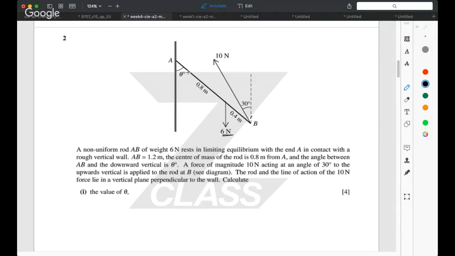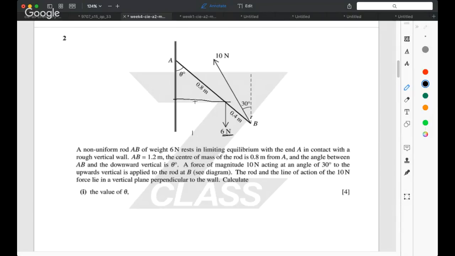Is it 0.8, the distance between the 6 Newton and A? Well, that's not the perpendicular distance. For a moment, force times distance, and the distance is the perpendicular distance.